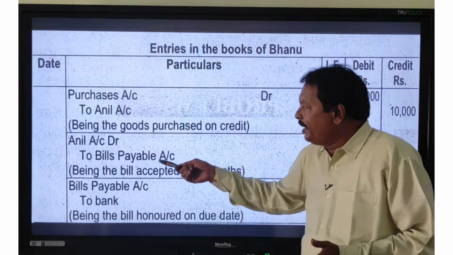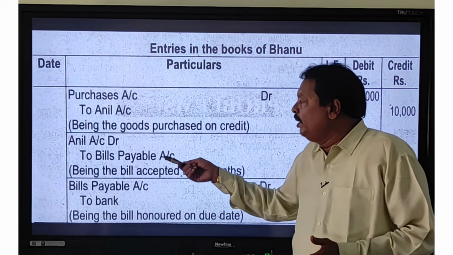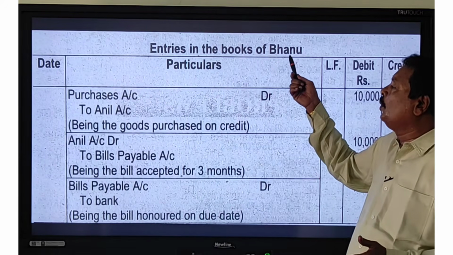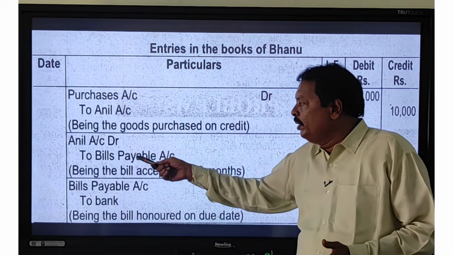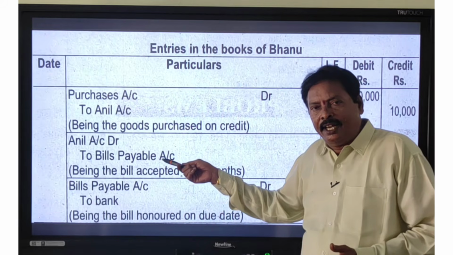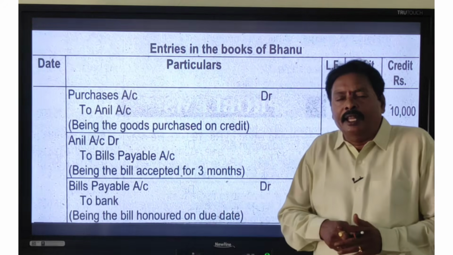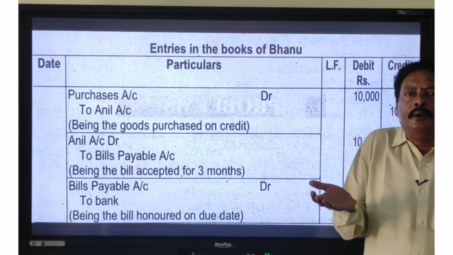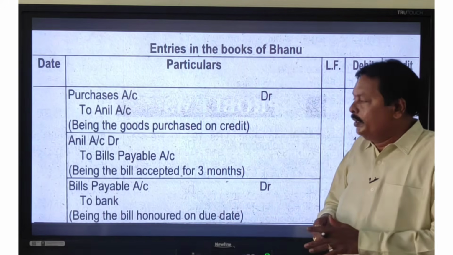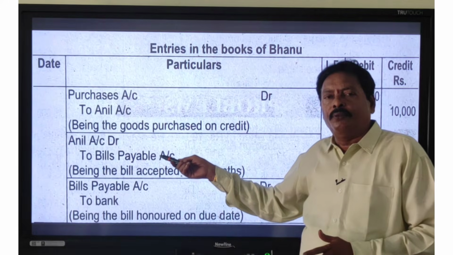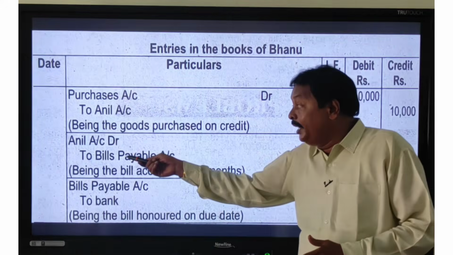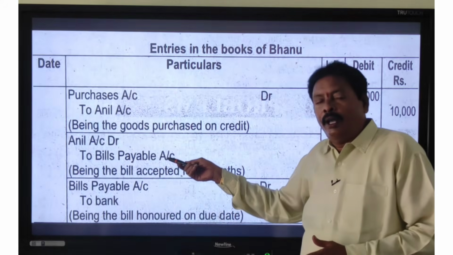Here in the second transaction, bills payable is a liability to Banu. That's why bills payable was created in the second entry. When the account is settled by Banu, this will be written off. In the second entry, we credited.